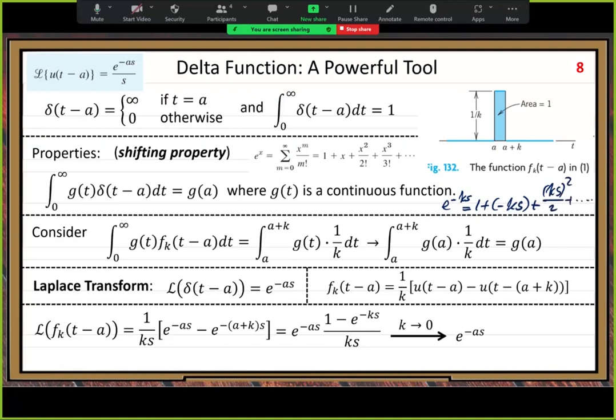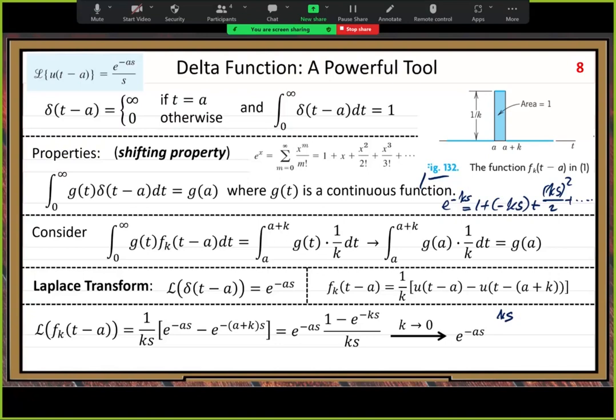That's enough. Then minus 1 minus that term. Look at the 1 minus this e. Can you get ks plus ks?